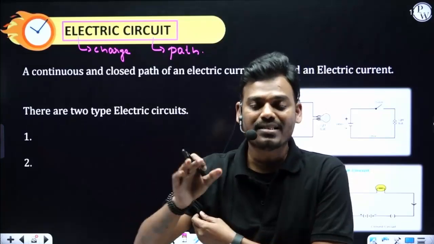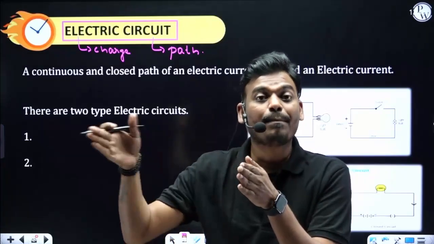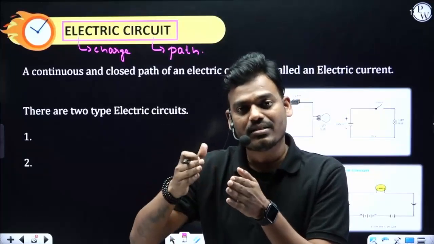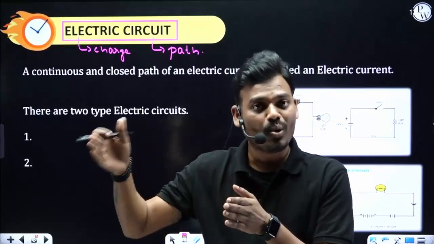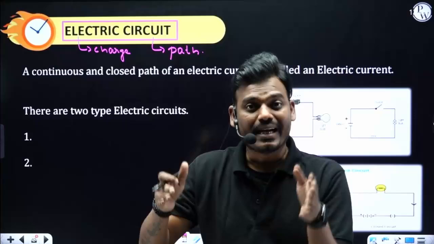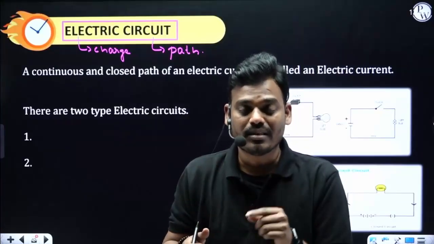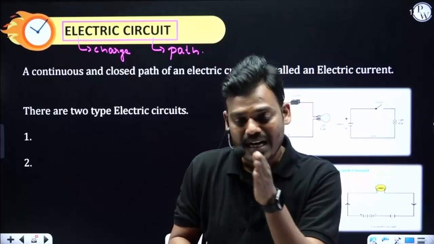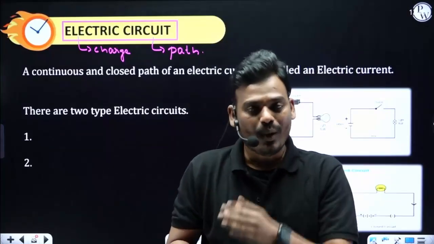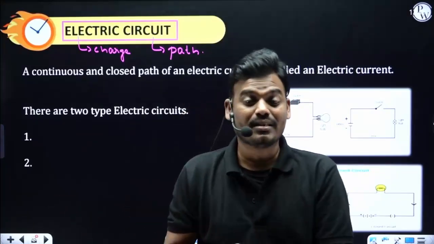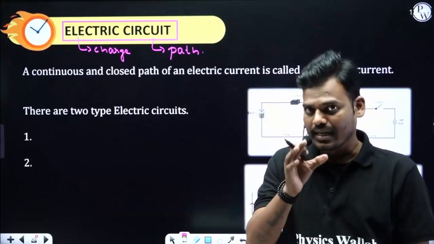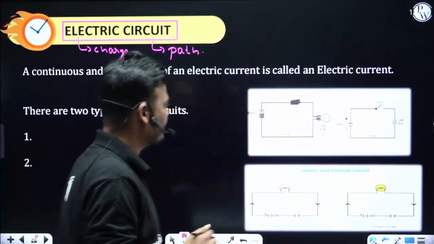Switch off means there is a breakage of the path, so the charges cannot flow. Therefore, there is no current. If the circuit is closed, that means the path is closed and continuous. Therefore, the charges will flow in that path. Whenever there is a flow of charge, we can consider there is an electric current in that particular circuit. Now here you can see examples.